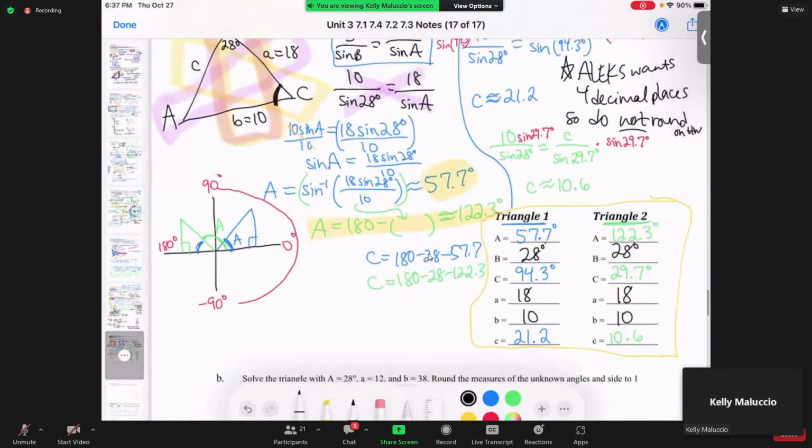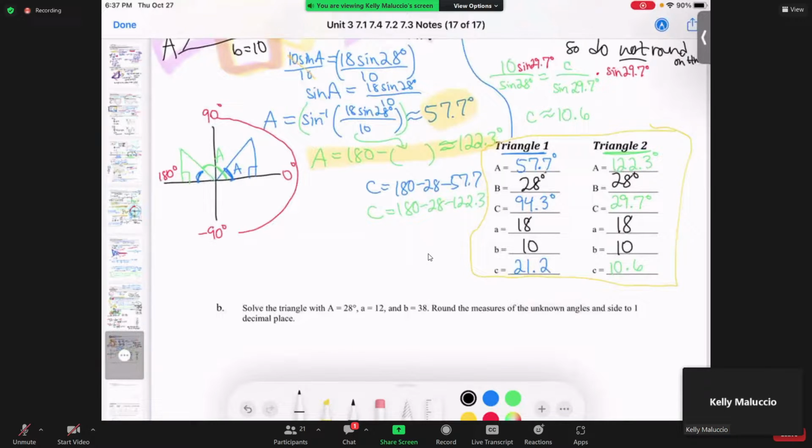Now this next one is going to be similar, but it's a case where the answer doesn't quite make sense for one of them. Like for both of these, if I look at all these, it made sense, it worked out, the angles worked. But in the next one, we're going to look and it may not.